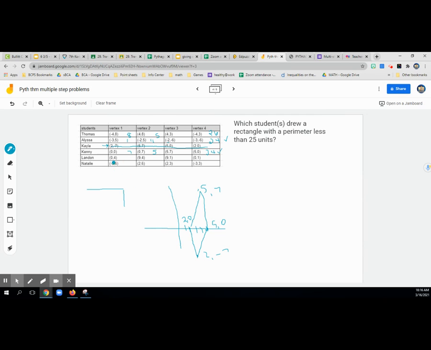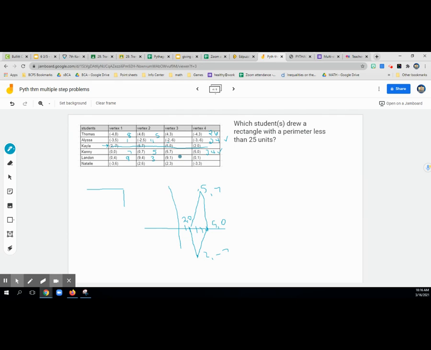Let's take a look at Landon. We've got 0, 4, and 9, 4. The difference is in the x values, and it's 9. Here we've got 9, 4 to 9, 1. The difference is in the y values, and it's 3. 9, 1 to 0, 1.